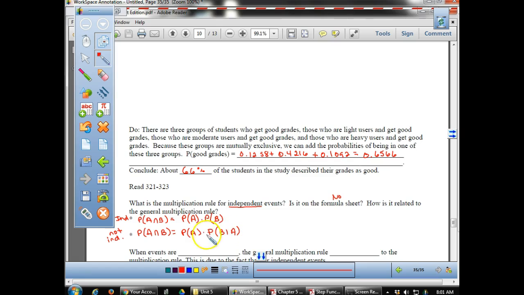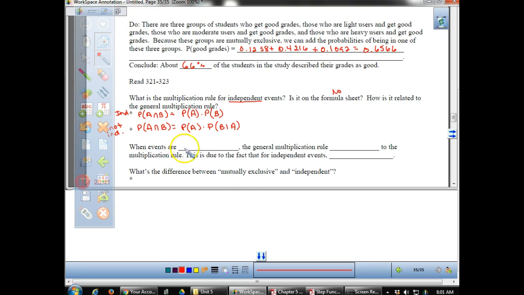And the thing to notice, if I were to use this second formula, the general multiplication rule, this second part would actually simplify down. If they were independent, it just simplified down to the probability of B, so it matched the other formula. So let me kind of just go through that. When events are independent, the general multiplication rule, this should say independent, sorry about that, the general multiplication rule simplifies, and that's this formula right here.